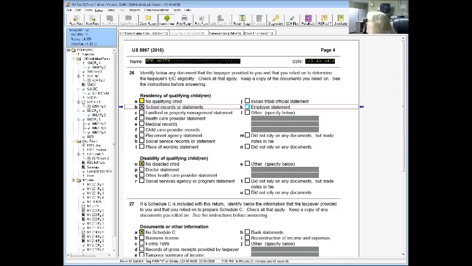If they're living together, the only time they can be claimed as a dependent and no EIC is if they're not living with them, like dad claiming the child when the child lives with mom. Okay?